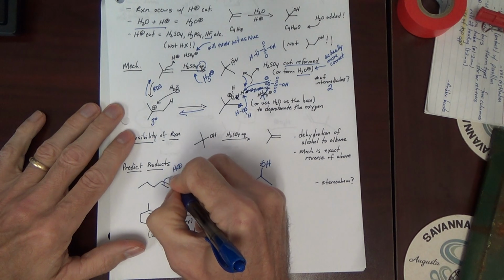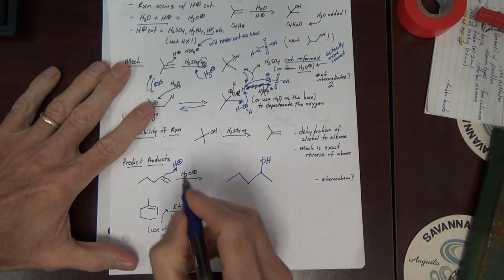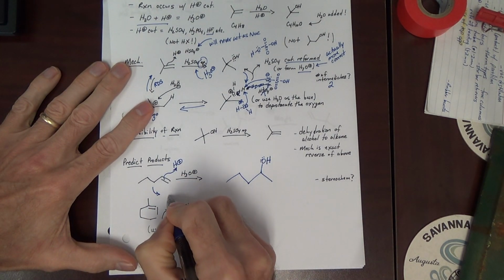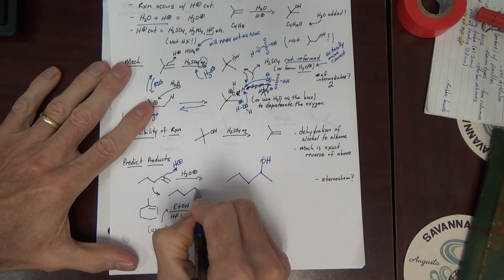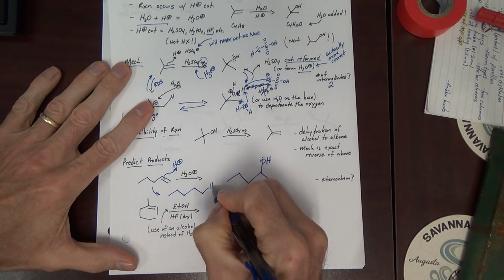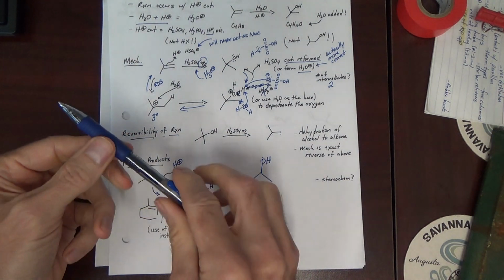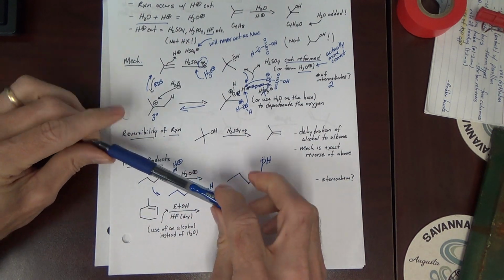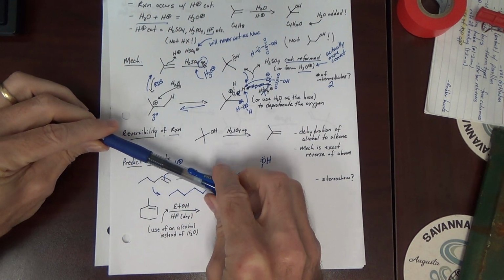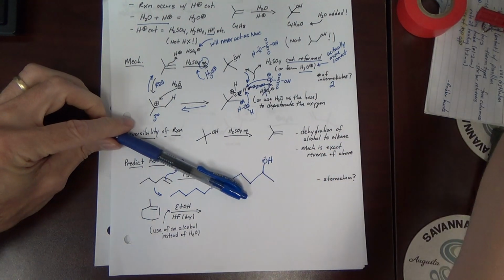So pull away from the left, and that gives boom, boom, boom, boom. New bond to H on the end. That's what that means. Okay, two carbons. All right, we have a pi bond.